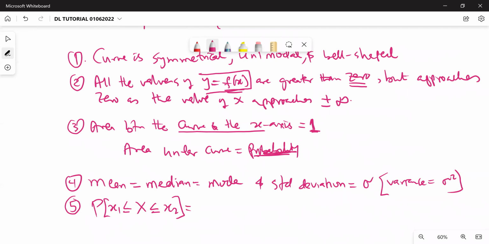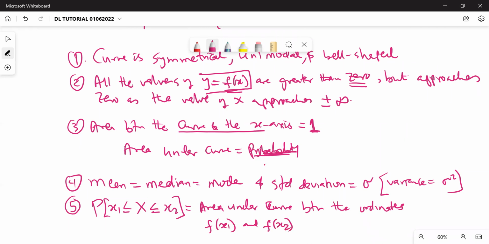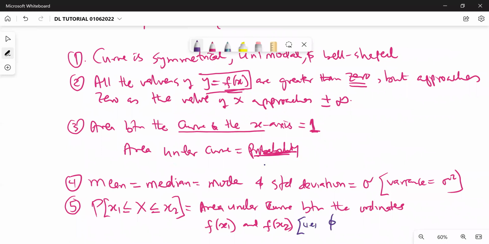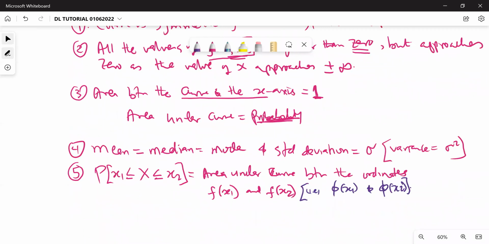So this is equal to the area under the curve between the ordinates f of x1 and f of x2. Usually I prefer to call it phi of x1 and phi of x2. The same story: the area under the curve between those two ordinates.